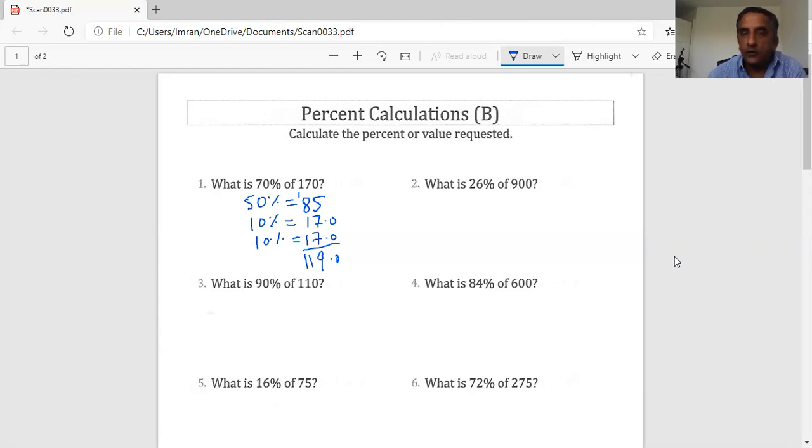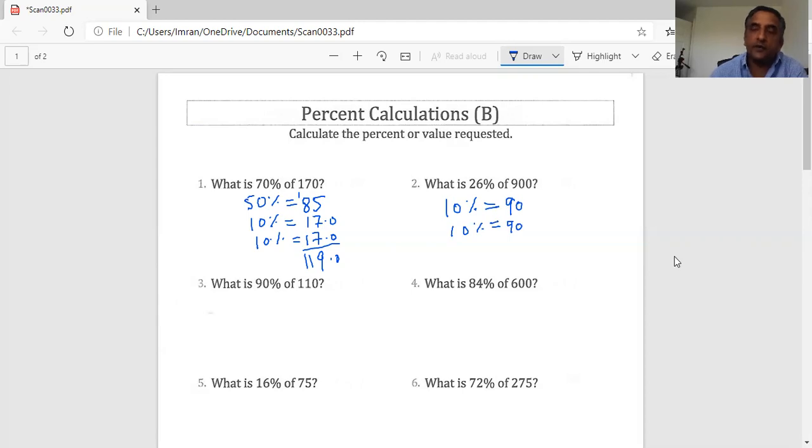Now I'm going to show you how to do 26%, which is slightly different from the ones we have done before. Again, we start with 10%. As I explained in the previous video, 10% of 900 will be 90, because for 10% we move the decimal one place to the left.